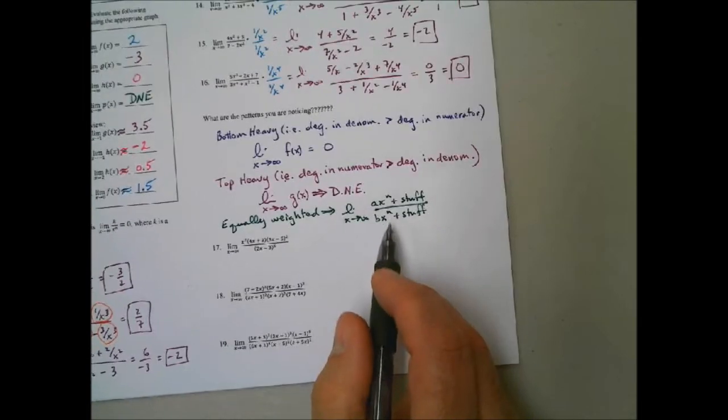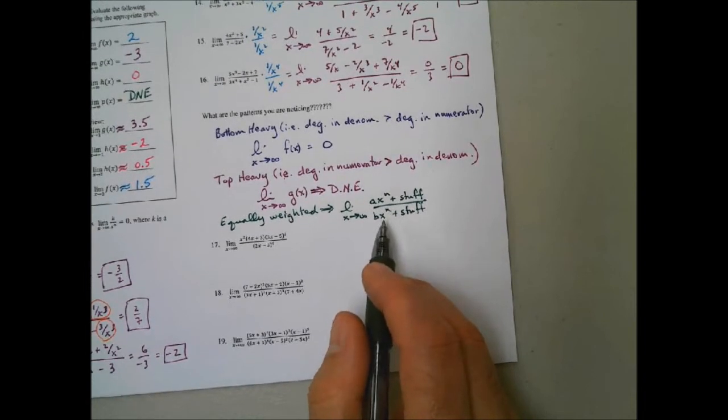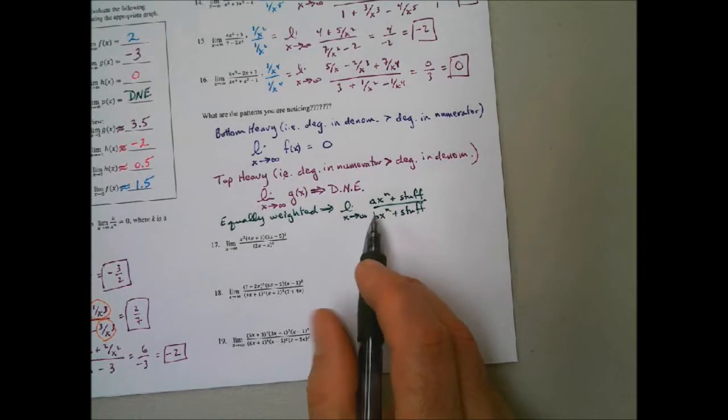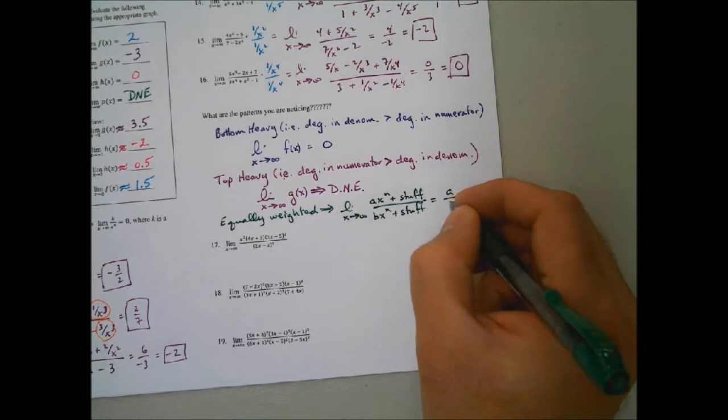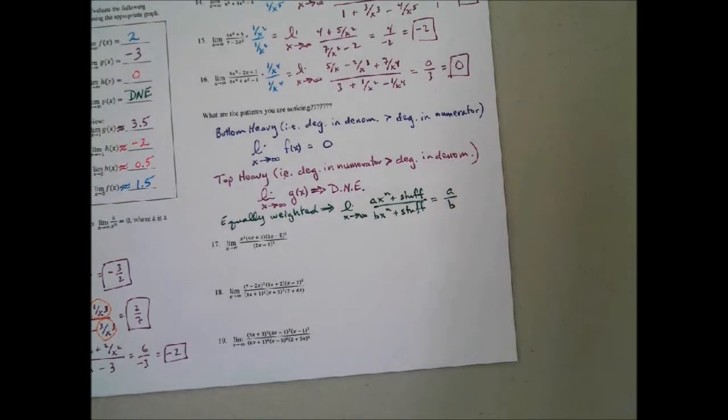Equally weighted, the degree is the same top and bottom. So what was happening there? Well, you take the leading coefficient and you make a fraction, reduce it if it reduces.